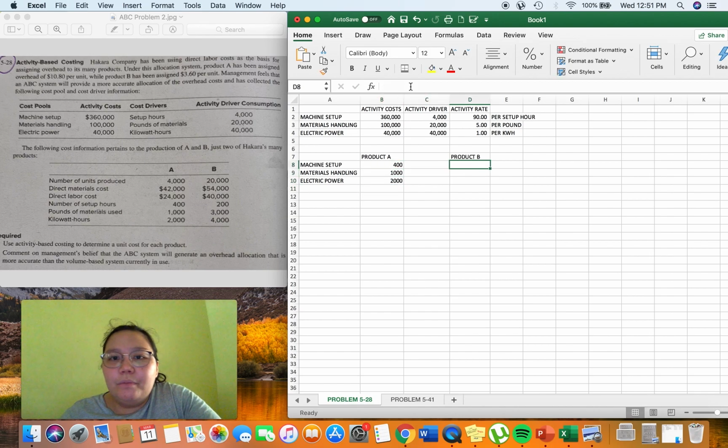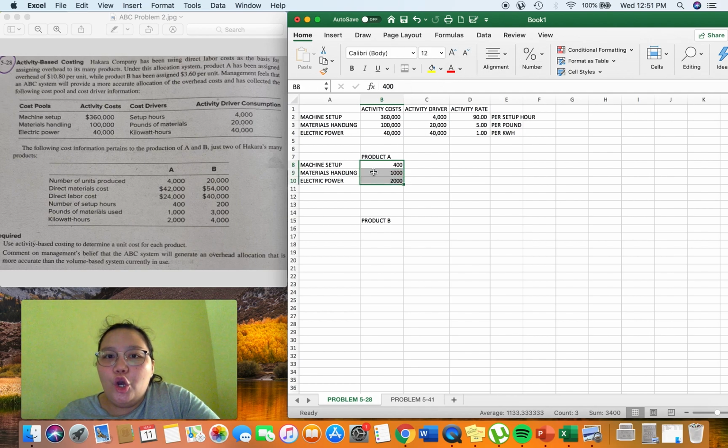And then for product B, I'll put it here so it's clearer later on. So this is the consumption of product A for each activity, or for each cost pool, that we have.